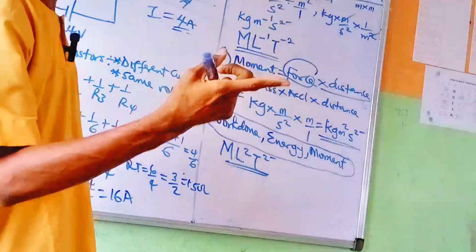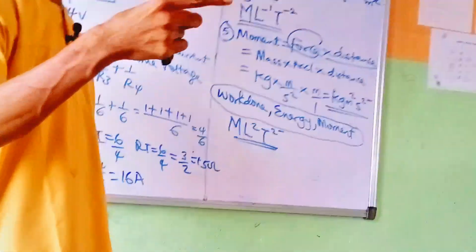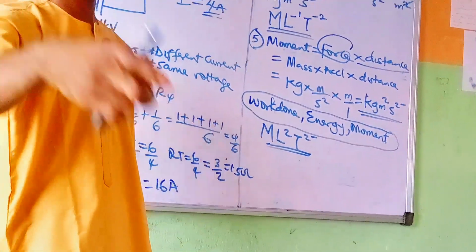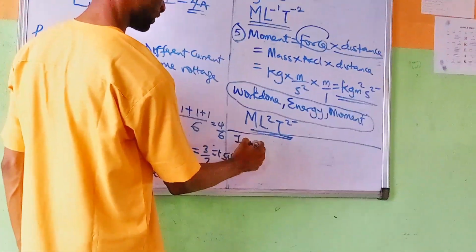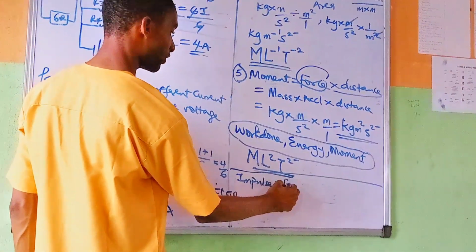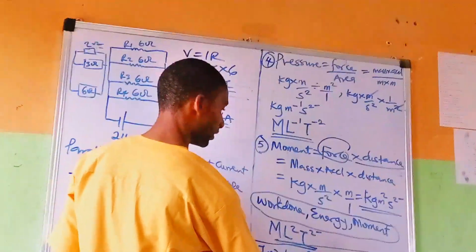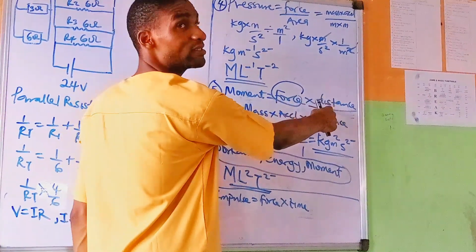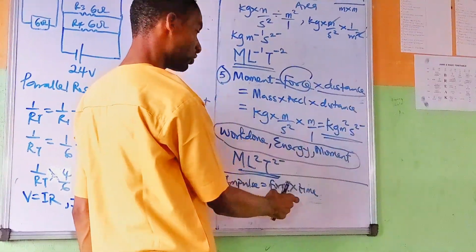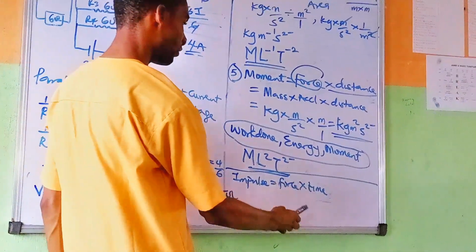Let's see what the SI unit or dimension for momentum and impulse is, and let's compare. The formula of impulse is force times time. Now from here, can you see that this is force times time, and this is force times distance? Can force times distance be equal to force times time? No. So let's confirm that.